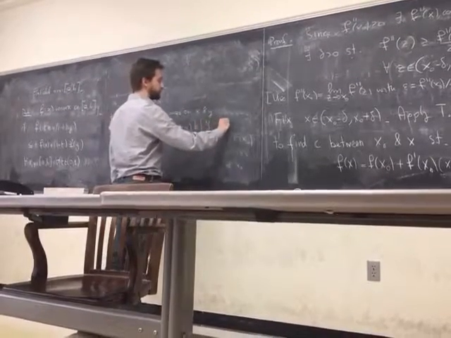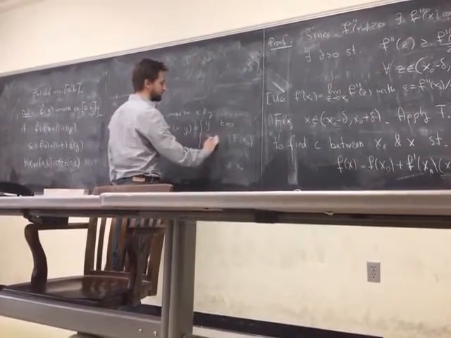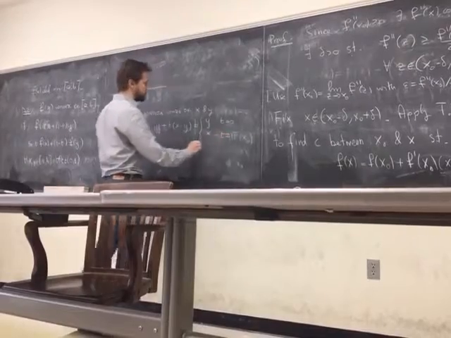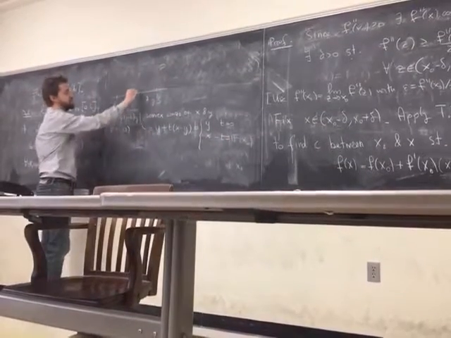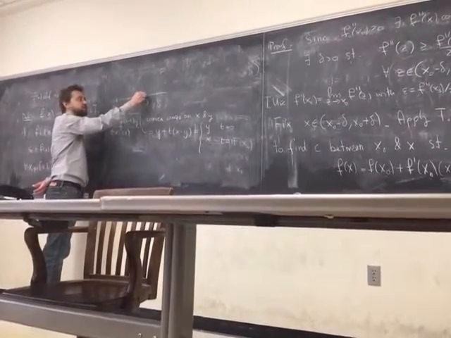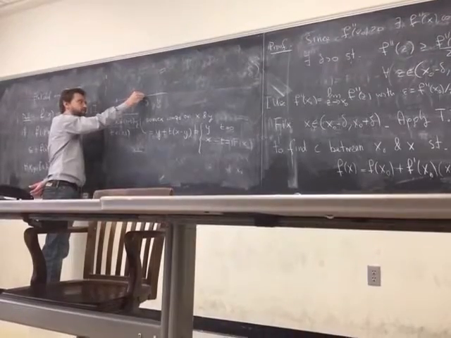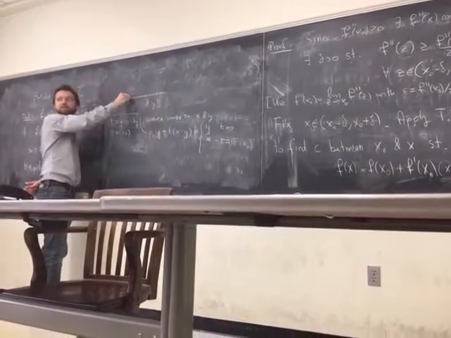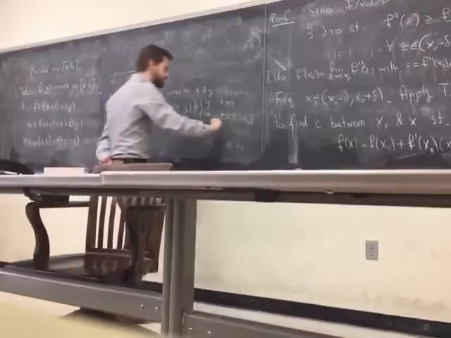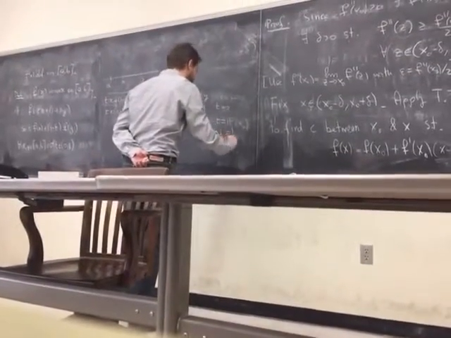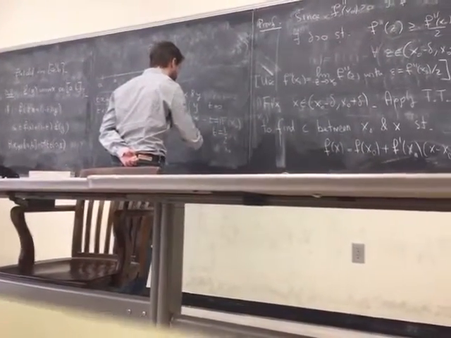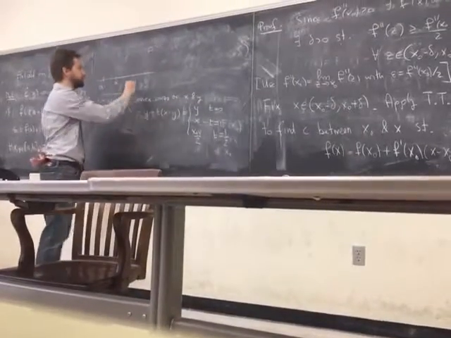Otherwise you see it's some intermediate point. So it's like as t goes from 0 to 1, I move along this segment, right? So for example, when t is equal to 1/2, I get x plus y over 2, which is the middle point, right?